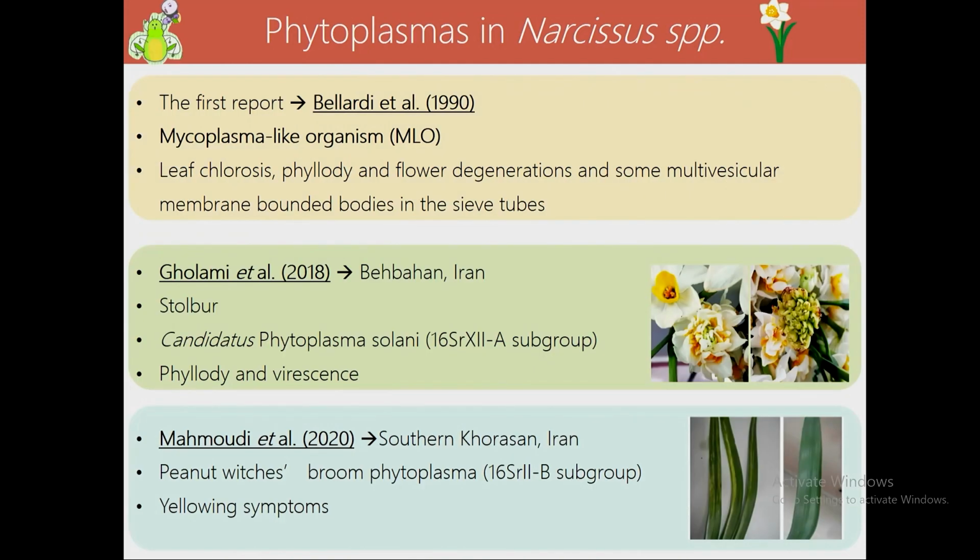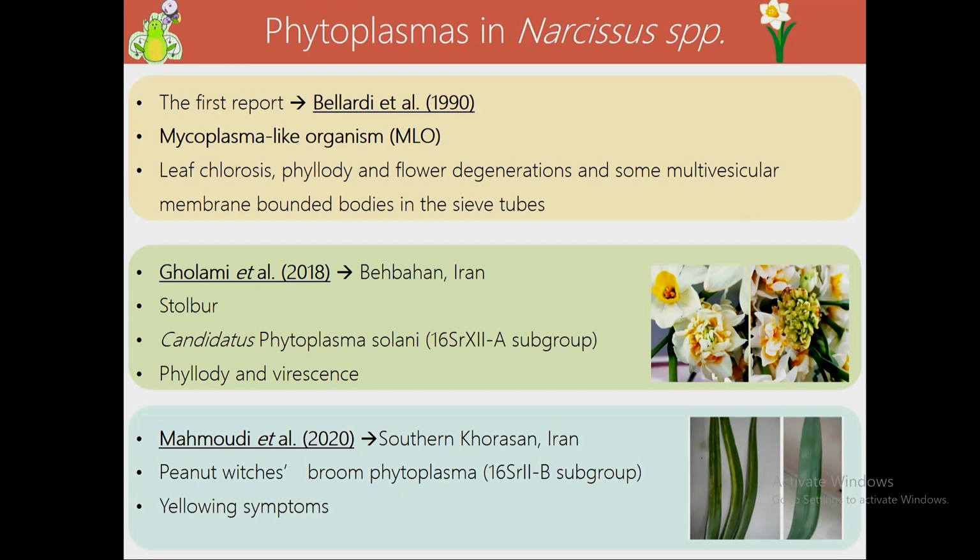The first report belongs to Belardi, who described it as a mycoplasma-like organism, showing leaf chlorosis, phyllody and flower degeneration. And there are 2 recent reports from Iran.